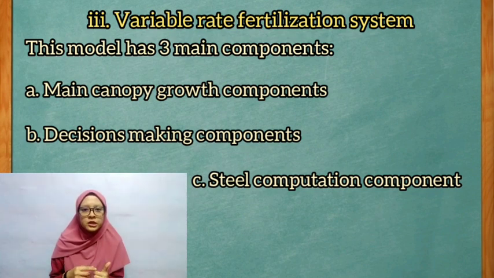In this component, they have developed specifically to determine the size of the tree canopy to be planted, which depends on the soil and weather condition. Second is the decision-making component, which also aims to produce a coefficient of result to determine fertilization according to area fertility and tree density.